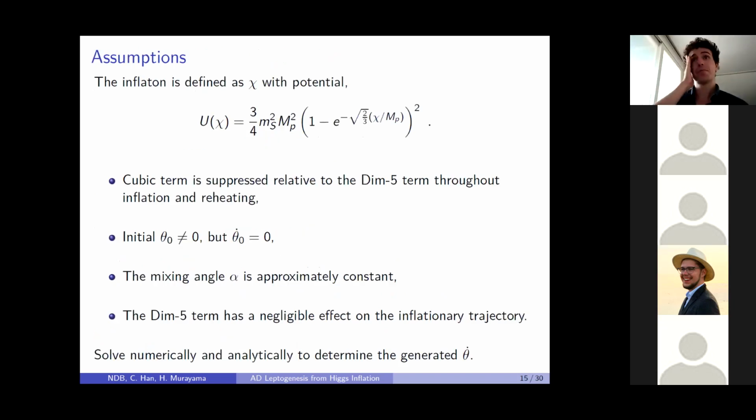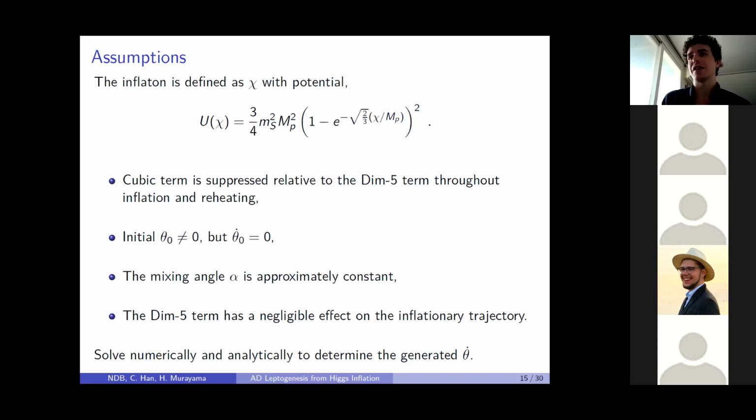So just to pull everything together, we have this Starobinsky-like potential. We're going to mainly focus on this dimension 5 term and take the cubic term to be suppressed relative to the dimension 5 term. We're going to assume some non-zero theta naught, but we're going to assume that theta dot is 0. And we're going to consider this trajectory along which alpha is approximately constant.